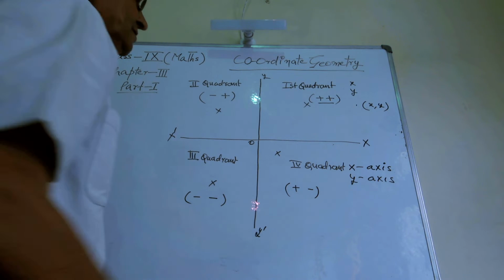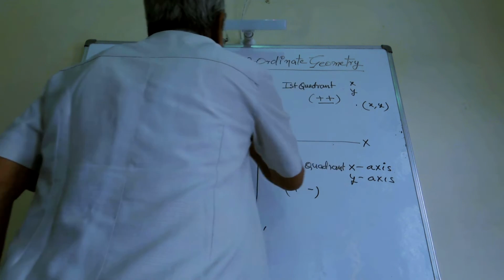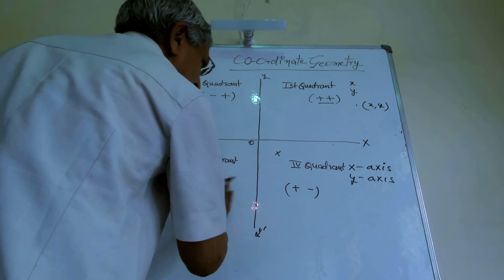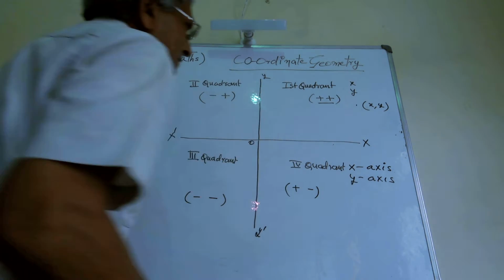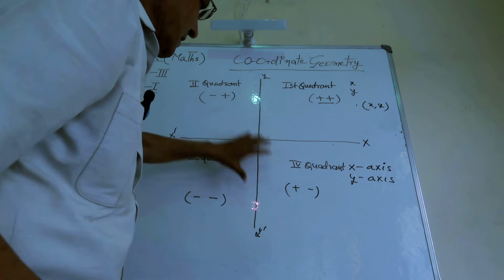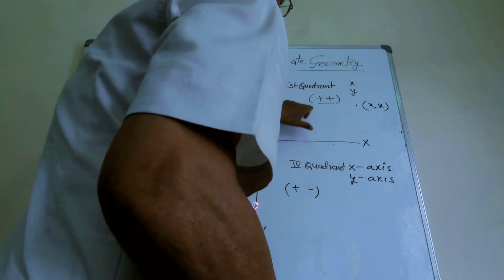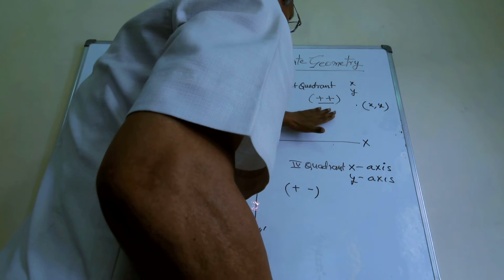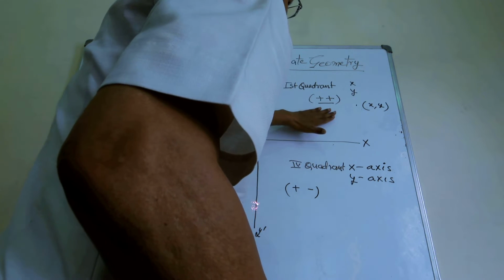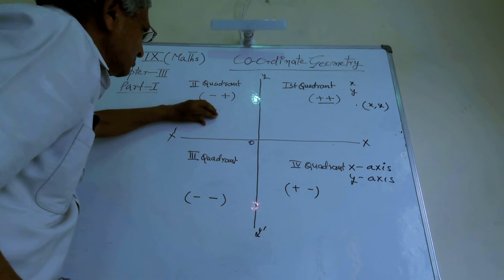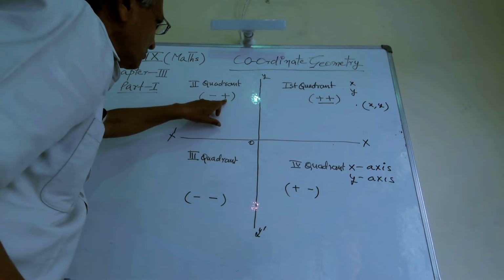Here you see these four quadrants and their signs. In the first quadrant, x and y are both positive. In the second quadrant, x is negative, y is positive.